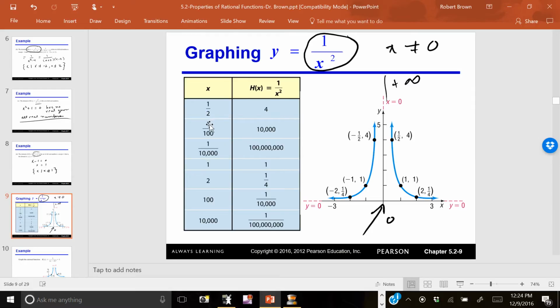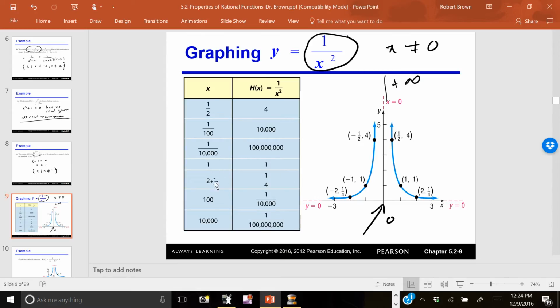You put in 1 over 100, which is getting closer to 0, you get 10,000. 1 over 10,000, you get 100 million. And notice, therefore, that as x gets closer and closer to the y-axis, y approaches what we would call infinity. This would be what we will call a vertical asymptote.